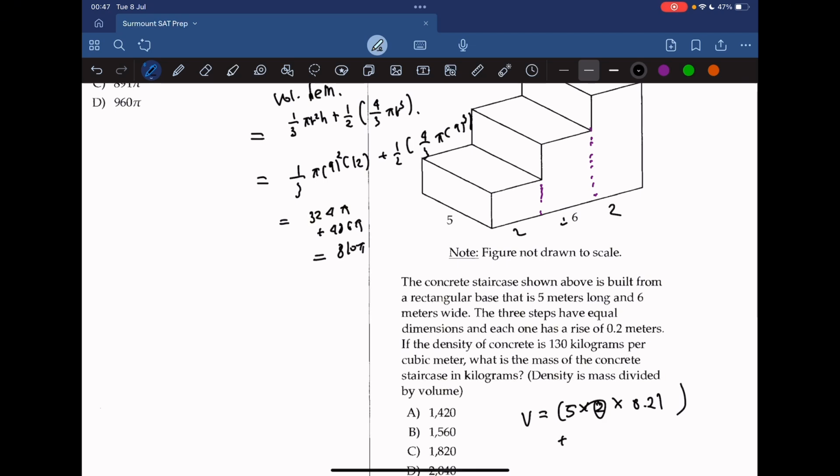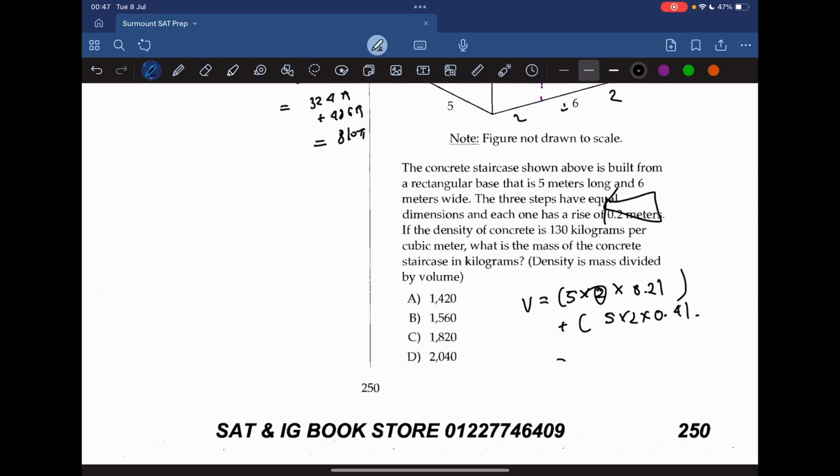And we add it to 5 times 2 times 0.4 because it rises again by 0.2. And then we do the same, so it's 0.6. And now we add them all together. So we get 5 times 2 is 10 times 0.2 is 2, plus 4, plus 6, which will give us 12.